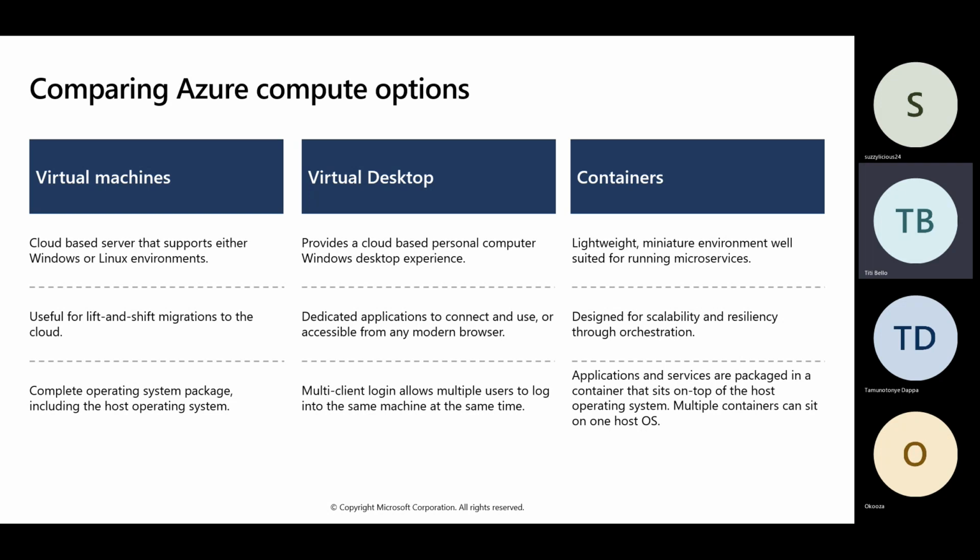Cloud-based virtual machines are cloud-based servers that support either Windows or Linux environments, while virtual desktop provides cloud-based personal computers, like I said, a desktop experience, that's an end user machine like Windows 10, Windows 11, Windows 8. Then a container is a lightweight miniature environment well suited for running microservices.